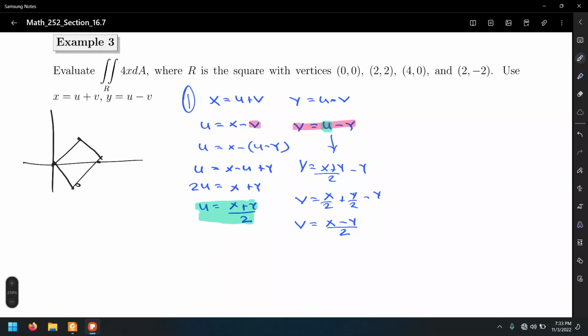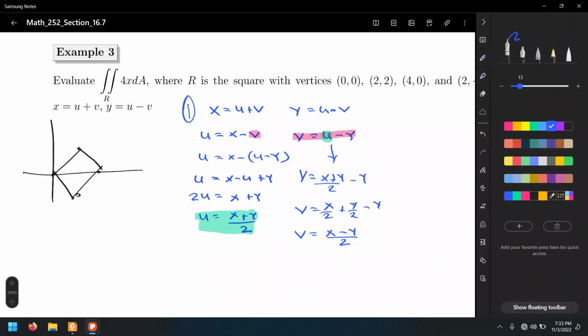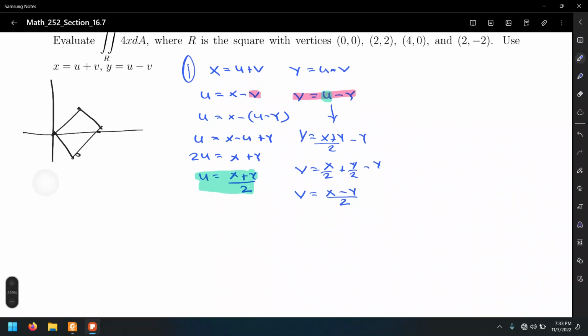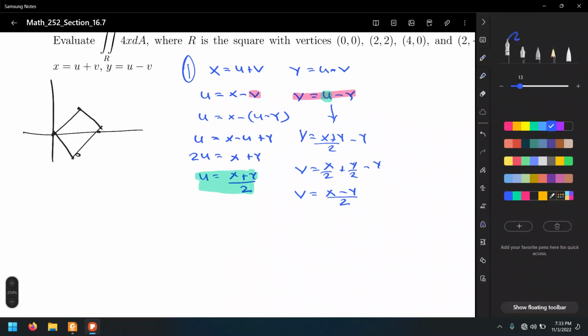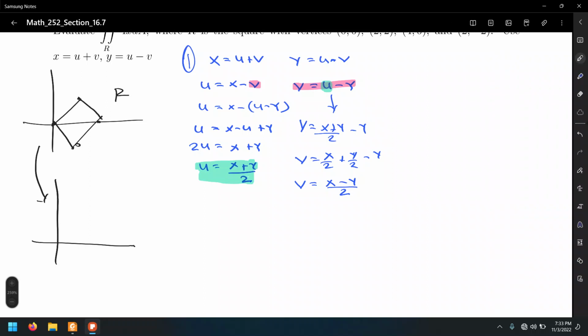So number one, let's sketch the region. This is the region R. We're going towards the region S, and we will sketch that in a second. We use these relations to find the equivalent points that come from the world of x, y to those in the world of u, v.